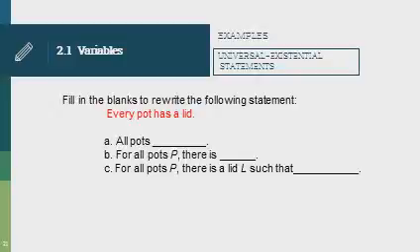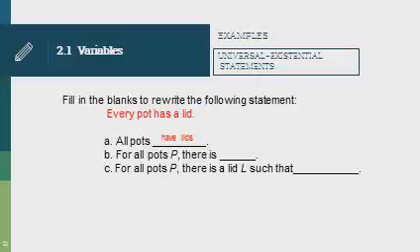Okay, let's answer the first one. All paths have leads. Kailangan ko talagang grammatically correct din dapat. Kasi dun sa una is every path has a lead, so singular yung ginamit niya. So, ngayon, all paths have leads. Okay, next one.